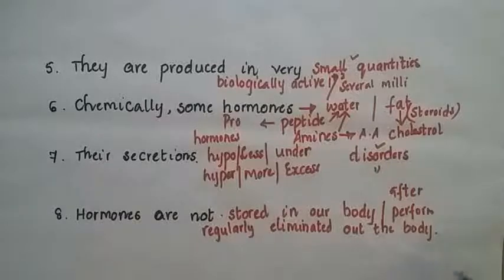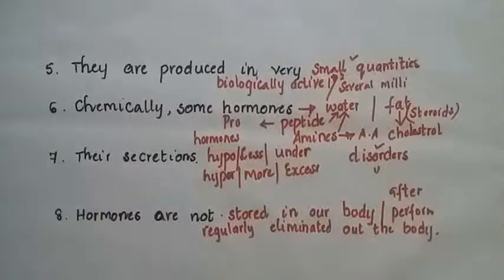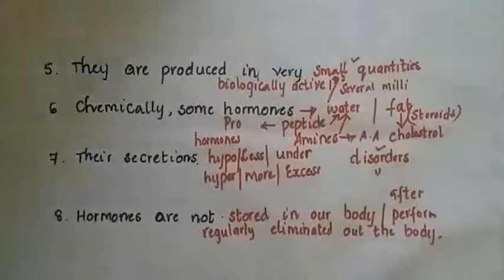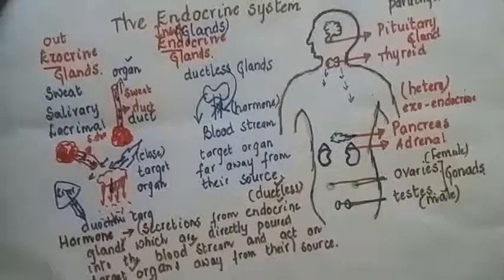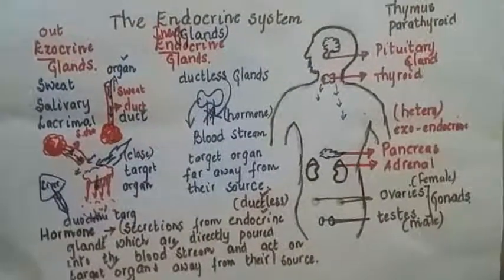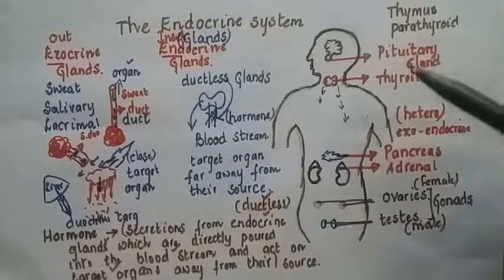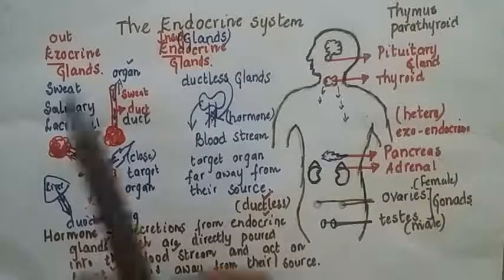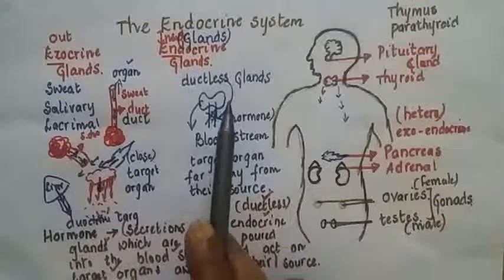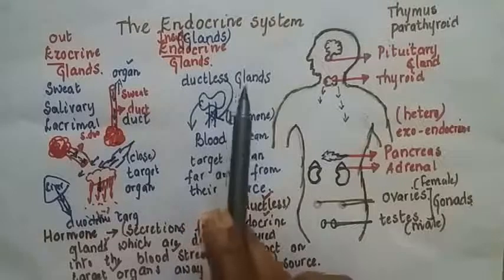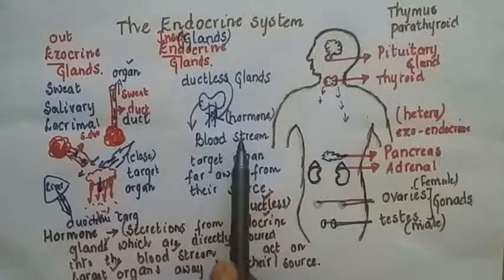So children, these are a few characteristics of the hormones. Let us quickly recall whatever we have learned today. So the endocrine system comprises a number of endocrine glands. Endocrine glands are glands which do not have a duct, or you can say ductless glands, which pour their secretion directly into the bloodstream.